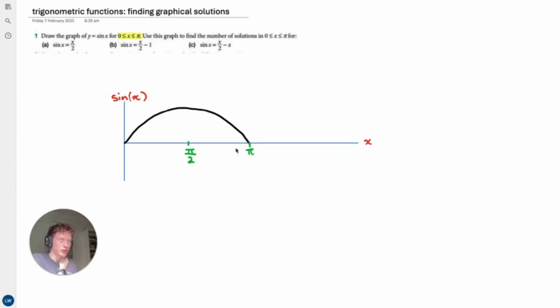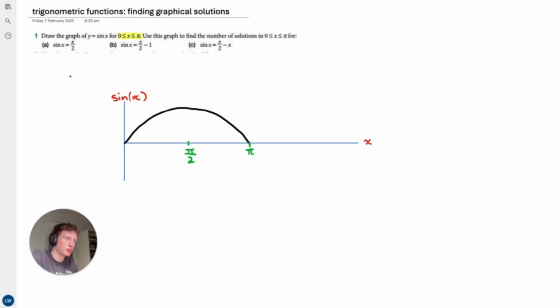Now, how I interpret this question, which might not be the best approach in light of what the HSC syllabus asks for, is like this: this is your first curve here, and we just want to find where it intersects with the other curve you're looking at.